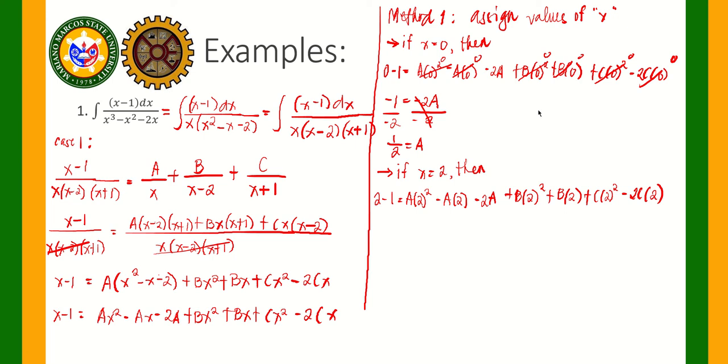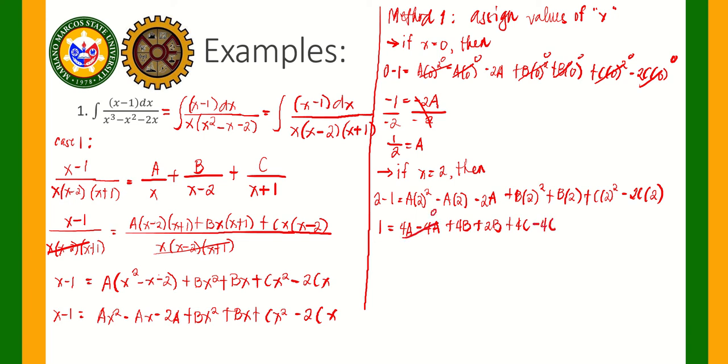So, we simplify. This will be equal to 2 minus 1 is 1, which is equal to, this is 4a, negative 2a minus 2a, that is negative 4a, and then plus 4b plus 2b, okay, so that is 2b, and then plus 4c, and then 2 times 2 is negative 4, so negative 4c.